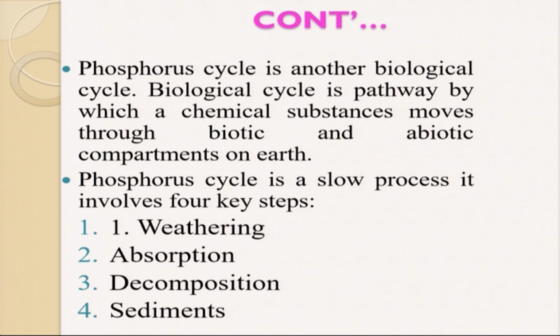We have absorption. Absorption is another process involved in the phosphorus cycle. Let's talk about some animals and some plants. Once it rains, the phosphorus is carried by water to the water bodies, and the animals drink the water.